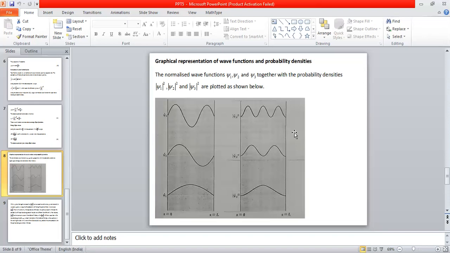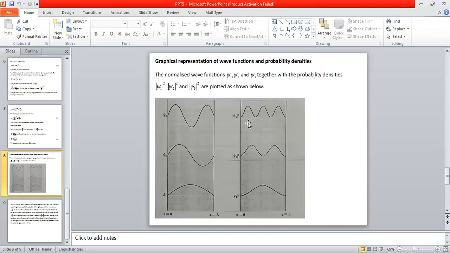We applied the equation, we could solve it, and after solving the equation we could find the solution for the wave function and the solution for the energies. The wave function solutions are called energy eigenfunctions, and the energy solutions are called energy eigenvalues. We are able to represent them graphically also for three different states: n is equal to 1, n is equal to 2, and n is equal to 3.